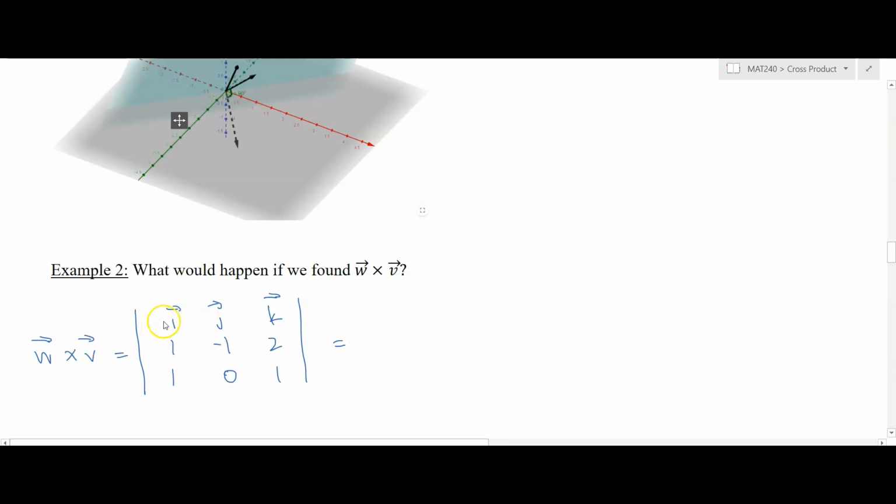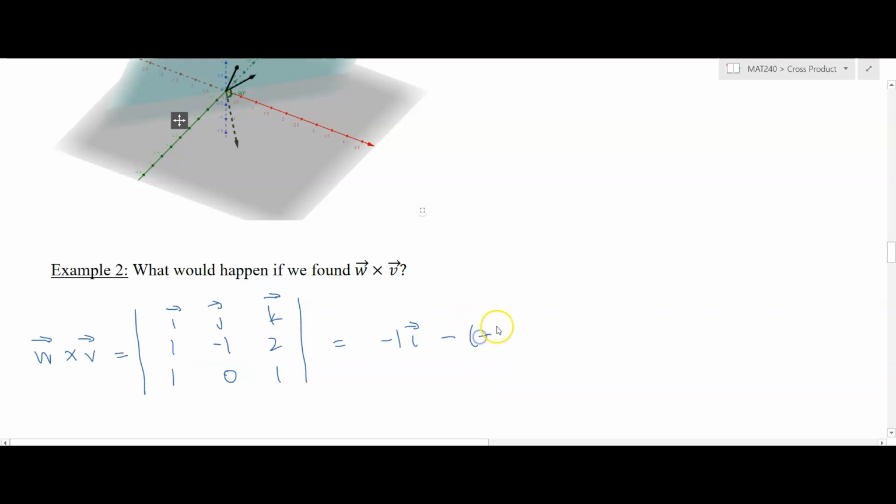We'll cross out the i column and the i row. So negative 1 times 1 plus 0 times 2 is negative 1. It'll be negative 1i. And then we're going to do minus whatever value we get by crossing out the j column and the j row. So 1 times 1 minus 1 times 2 is negative 1.